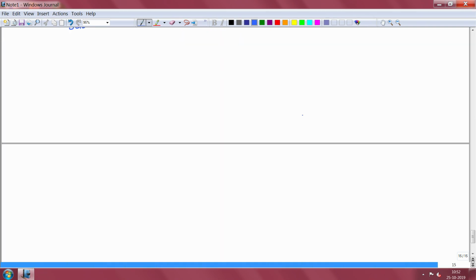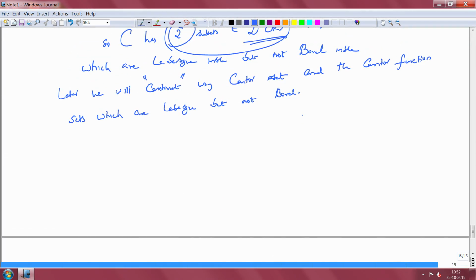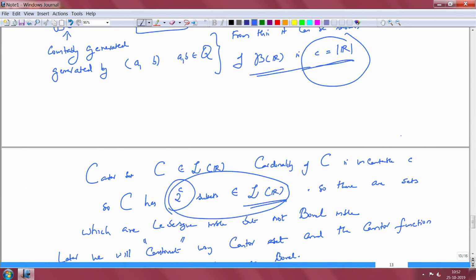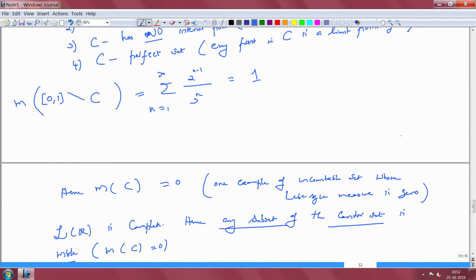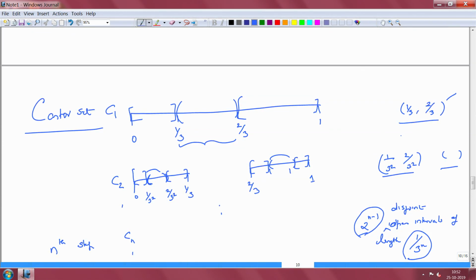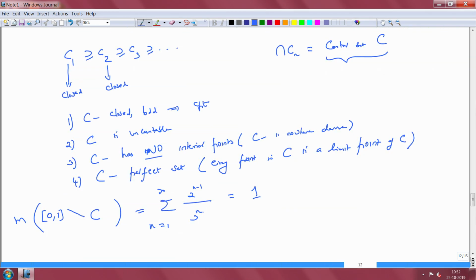So, let us conclude the session, but let me explain one more construction of the Cantor set, Cantor-like sets. Let us go back to the Cantor set. We started from [0,1] and then we threw out the middle thirds. So, you can modify the construction.